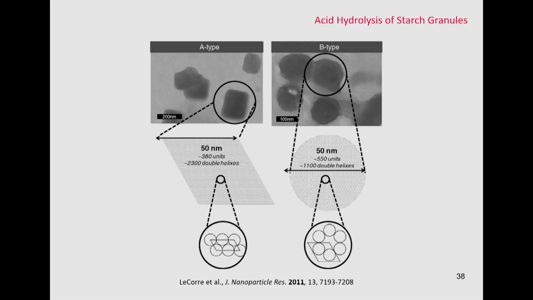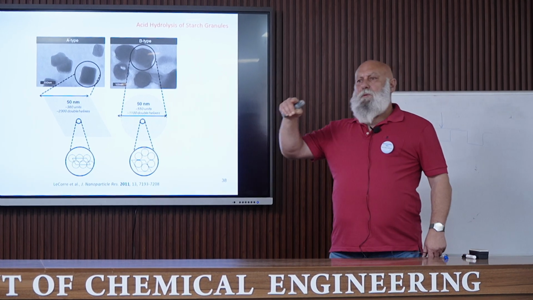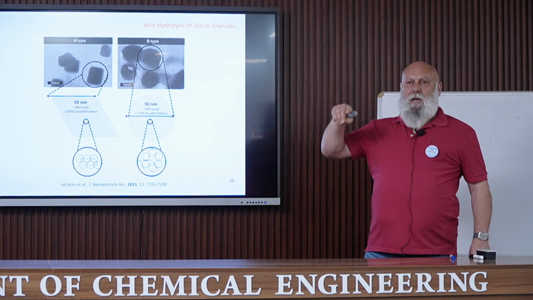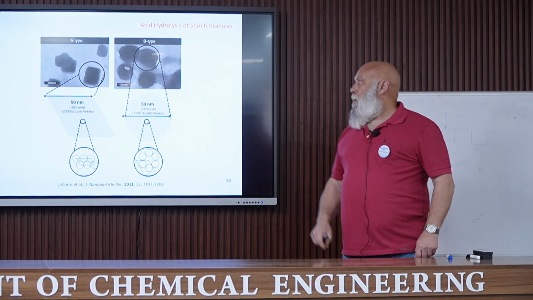So this is just to show you that there is an impact also of the starch source, because we have three different crystalline types in starch: A type, B type, C type. If I remember, A type is mainly for cereals, B type is for tubers, yes, I think, and C type is mainly for beans.